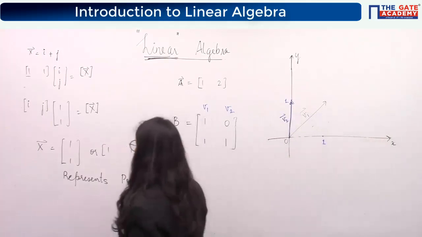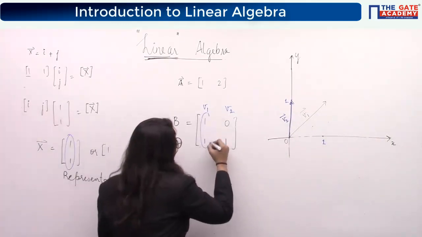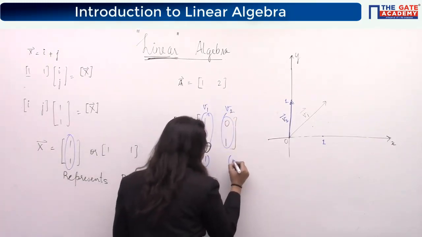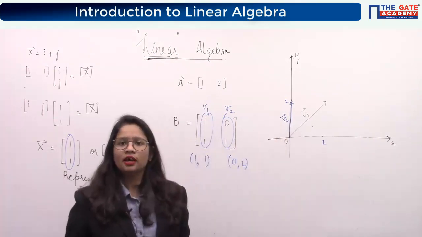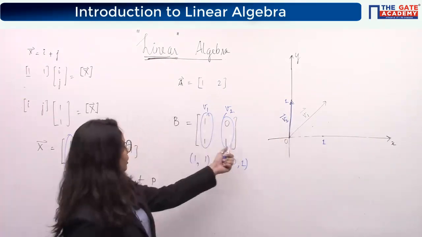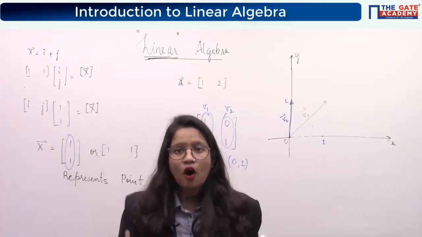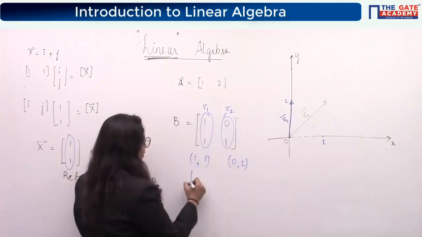I have told you that this is a vector pointing towards 1, 1. So v1 is a vector pointing towards point 1, 1, and v2 is a vector pointing towards the point 0, 1. That means these are the two vectors. Now from combining these two vectors, what physical quantity will you get? So obviously from combining these two vectors, you will get a parallelogram.